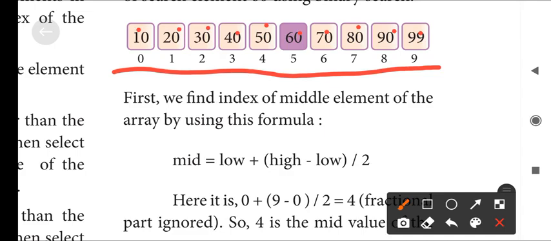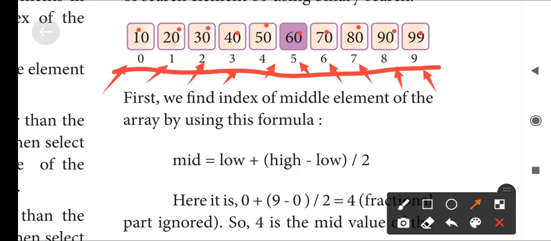It should have these elements. First of all, we should allocate the index values: 10 as 0, 20 as 1, 30 as 2, 40 as 3, 50 as 4, 60 as 5, 70 as 6, 80 as 7, 90 as 8, 99 as 9. First, allocate the index values.